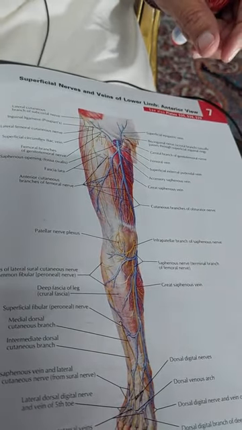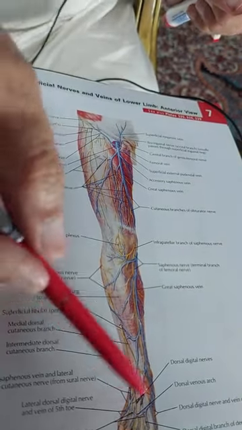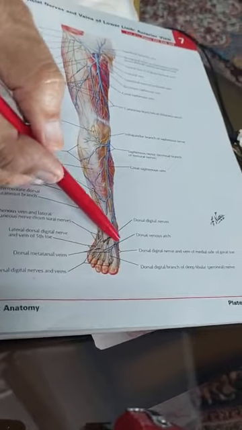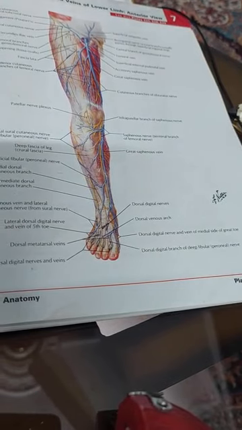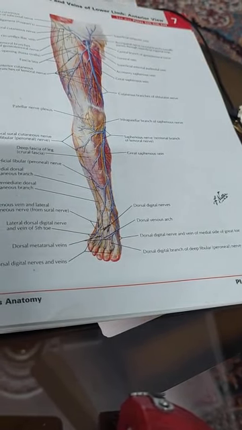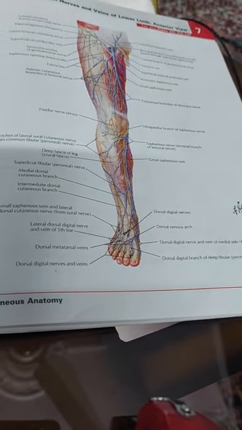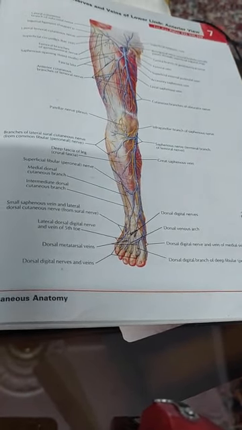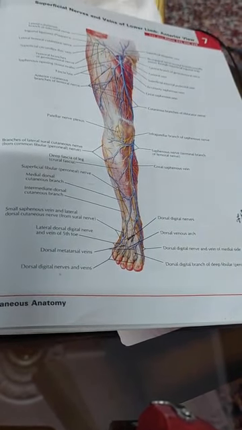And then over here at the foot, as I have already shown you, the medial marginal vein of the big toe, and then there is another vein which is called the posterior arch vein, and then branches from the common femoral vein and from the small saphenous vein also.